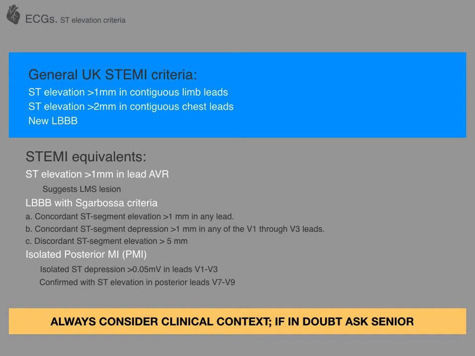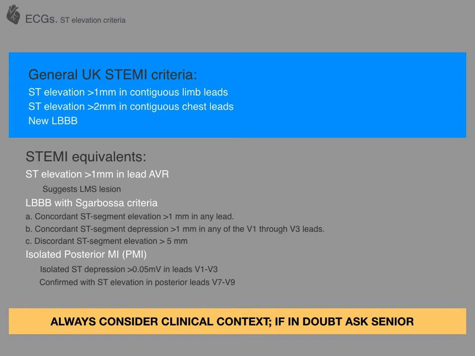An ECG is performed and it shows ST elevation in contiguous limb leads or chest leads. Those patients with the history of the crushing chest pain of acute onset would be the ones that you want to be urgently referring for revascularization, so primary PCI.